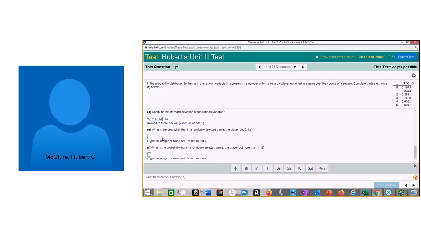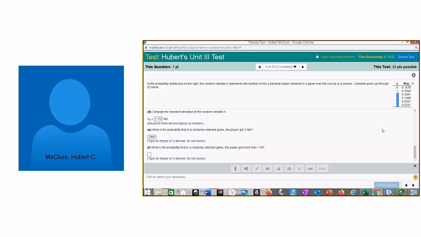Okay. What is the probability that you get 2 hits? 0.2891. What is the probability that a randomly selected player got more than 1 hit? More than 1 hit would be all of those added up.